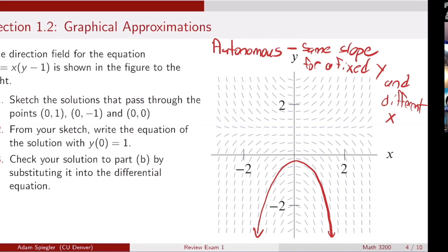No, I'm sorry, that's not true. When we go across, no, never mind. This is not autonomous, right? Because when we go across that line, the slopes are different, right?